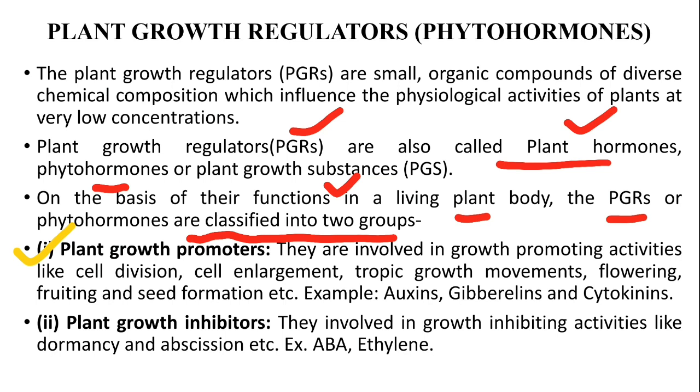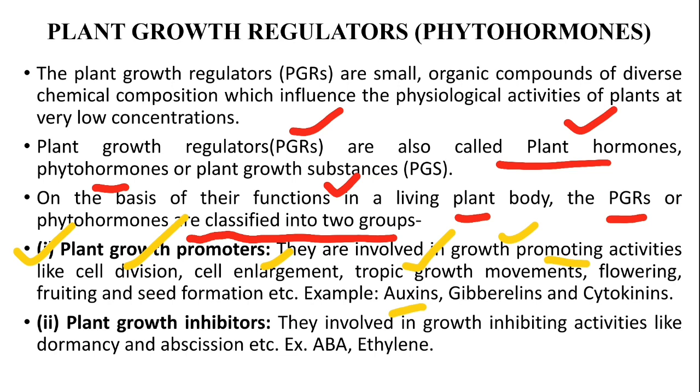Plant growth promoters are involved in growth promoting activities. They have a positive effect on the plant, like cell division, cell enlargement, tropic growth movements, flowering, fruiting, seed formation, etc. And examples of these plant growth promoters are auxins, gibberellins, cytokinins.